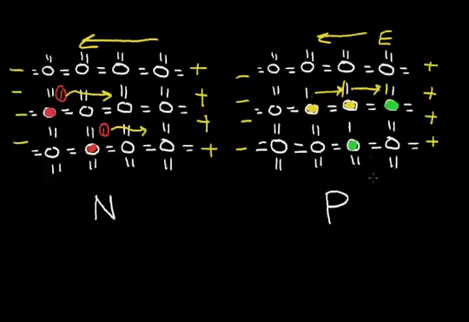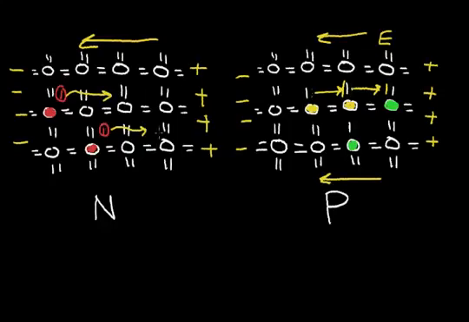So what happens is I get a net flow in this direction of positive charge, or what we call holes. The holes are positive charge that will move to the left. And in the N-type silicon, the electrons are negative charge that move to the right.